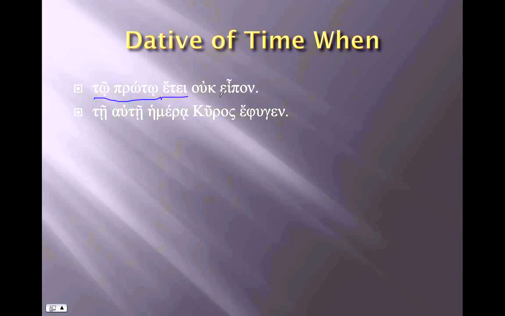Uk epon, I didn't speak. Or te aute hemera, kuros effugen. Te aute hemera, this isn't necessarily a number, but the same day, there's our time expression. On the same day, Cyrus fled. So time when, we're going to use in or on in English.